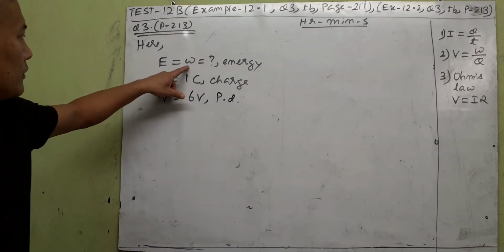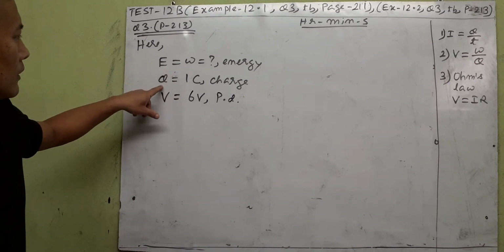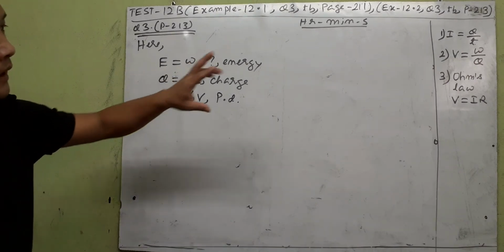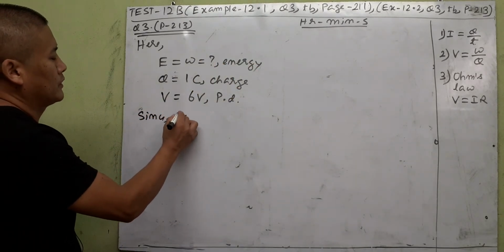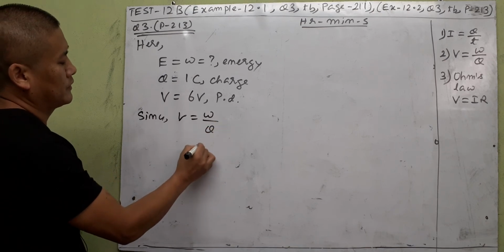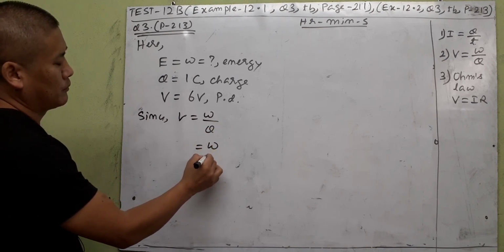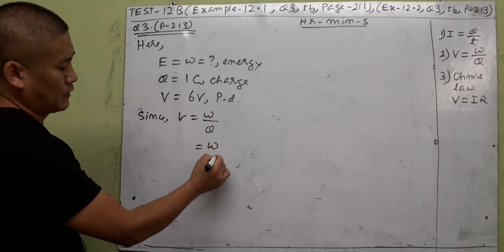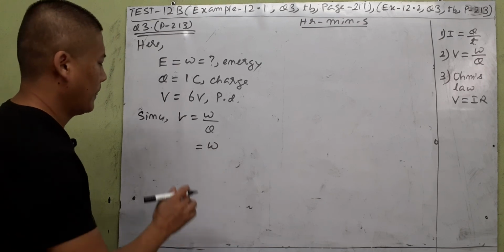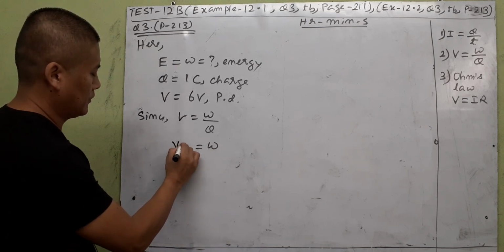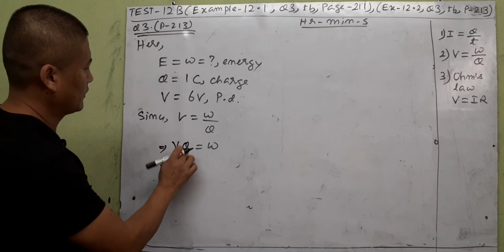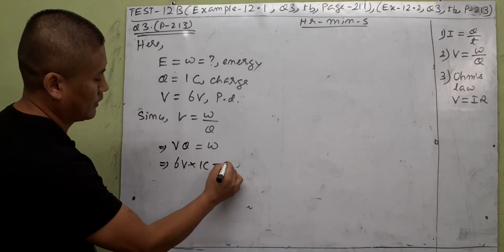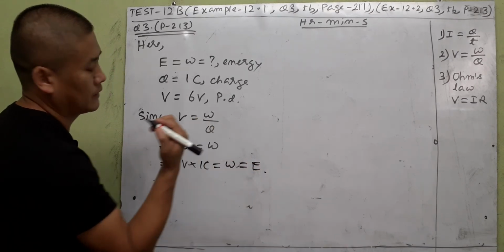So we have here W or E, Q and V involved, so QV. Again, the second equation, since potential difference is work done by charge transfer, we need to find W, which is actually V into Q. So that gives you 6 volt into Q, here 1 coulomb, equal to W or E, same thing.